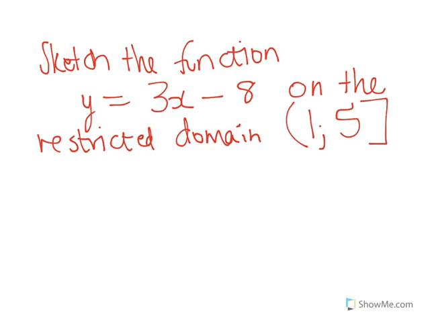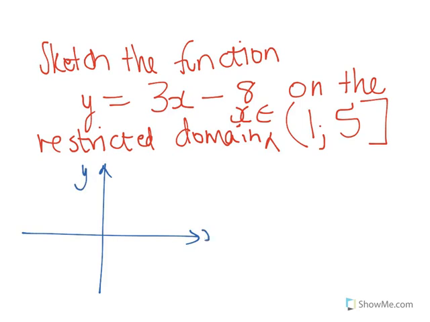Alright, so this is a possible question you might be asked. Sketch the function y is equal to 3x minus 8 on the restricted domain. Well, they wouldn't say that. They would say x is an element of the interval from 1 but not including 1 up until 5 and including 5. So here's our x and y axes. Again, start by calculating what your endpoints are going to be.